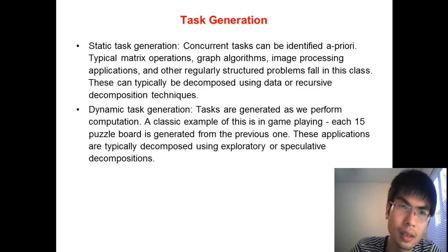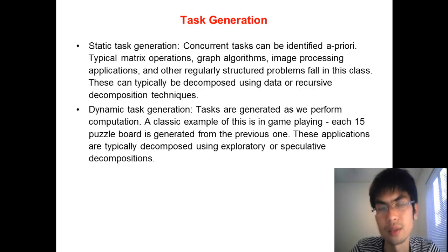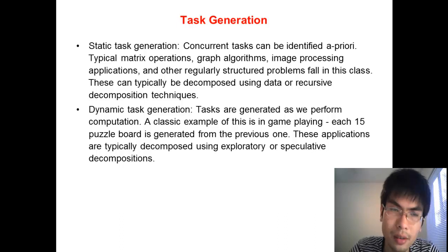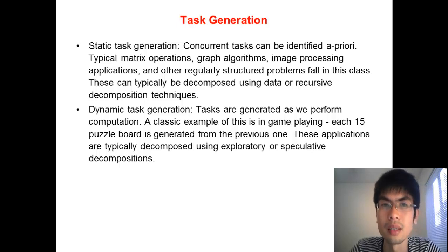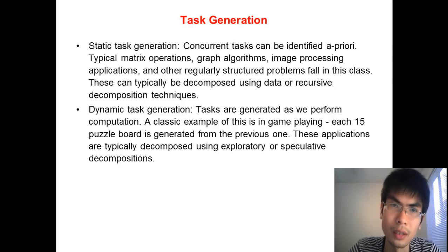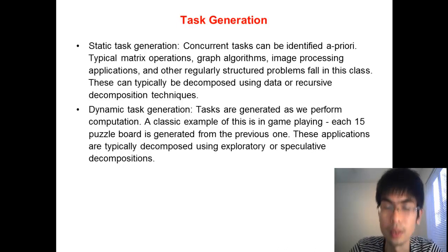Task generation can be divided into two categories: static task generation and dynamic task generation. In static generation, the concurrent tasks can be defined in advance, and in dynamic task generation we don't know the specific workflow or processing sequence in advance, so it's dynamic.